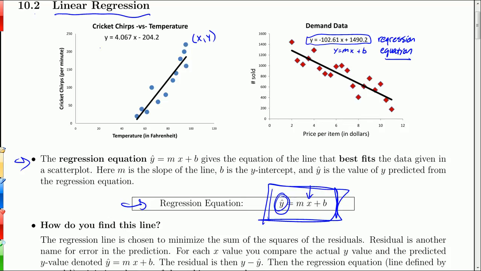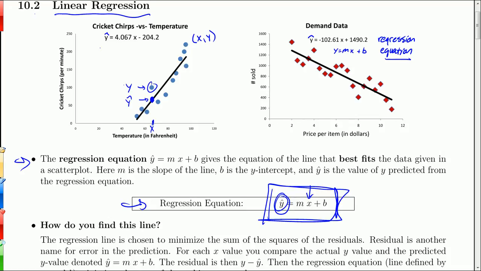You're not necessarily going to hit that data point with this equation, but you'll get the estimate of y given this value of x. So this right here is y, and this right here is y hat. These should have little hats over them. I couldn't get that to happen in the software I created them with, so they should be y hats.